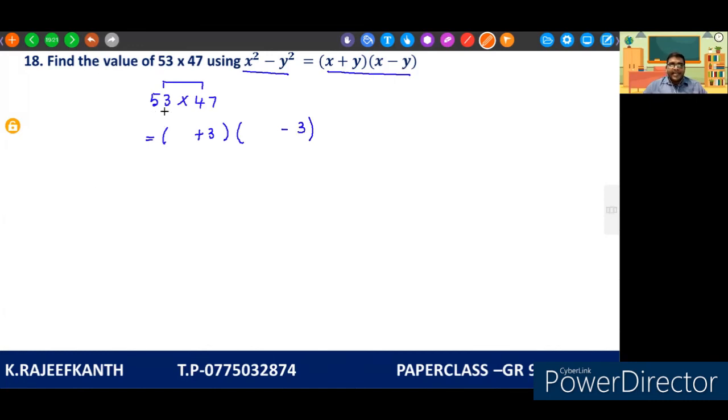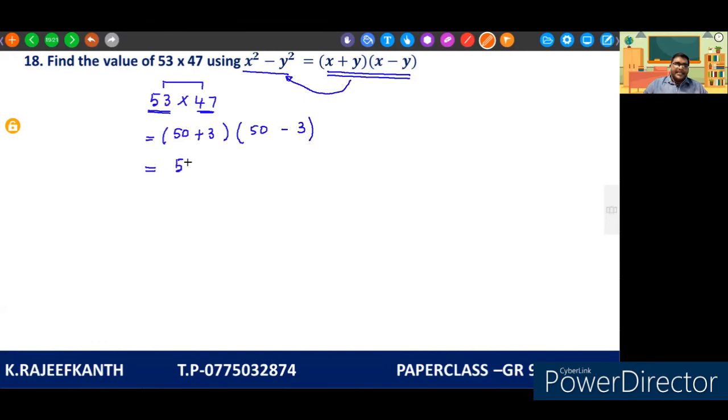Now we are going to arrange to get 53. Here 50 plus 3 is equal to 53, right? Now we have to arrange to get 47. Here 50 minus 3 is equal to 47. Here this is in the format of a plus b times a minus b. So now we can write, if it is x plus y times x minus y, then we can write in that format x squared minus y squared.